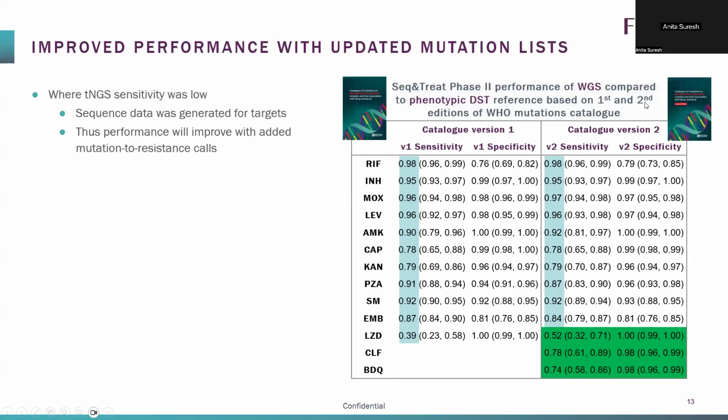So any product that utilizes version 2 and adds those resistance mutations should at a minimum reach this sensitivity. They could be higher if they choose to use more, but at a minimum they can reach this if they ensure they have all of these mutations that are listed, which were identified through the statistical analysis in these catalogs.